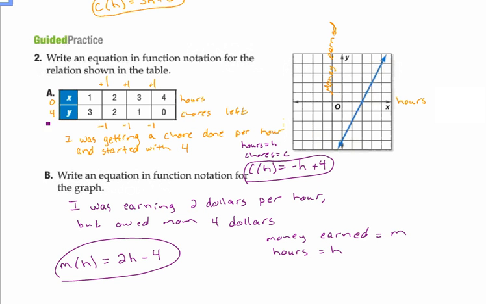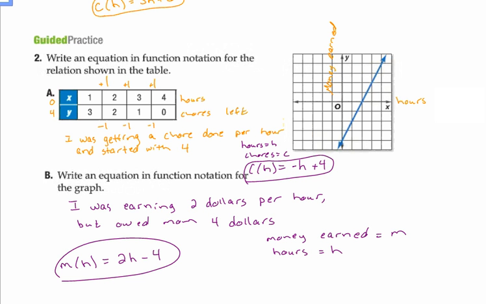It looks like I started with 4 because after 1 hour I only had 3 chores left. So when I started, I must have had 4. Okay, so what I did was, again, I was decreasing. That's why I have a negative here. 1 chore per hour, and I started with 4. Remember, it did say function notation, so my chores compared to my hours are negative h plus 4.